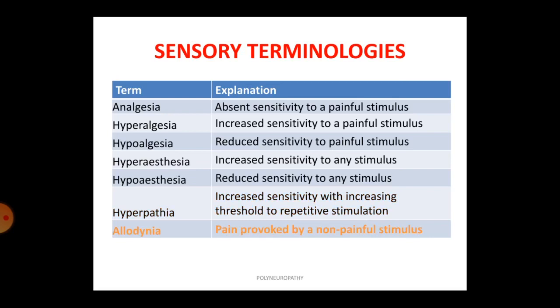Now a very uncomfortable sensation, that is allodynia. Allodynia means pain provoked by a non-painful stimulus. Even if you touch the patient anywhere, the patient will feel pain. That is an uncomfortable sensation. I repeat, allodynia means pain provoked by non-painful stimulus.